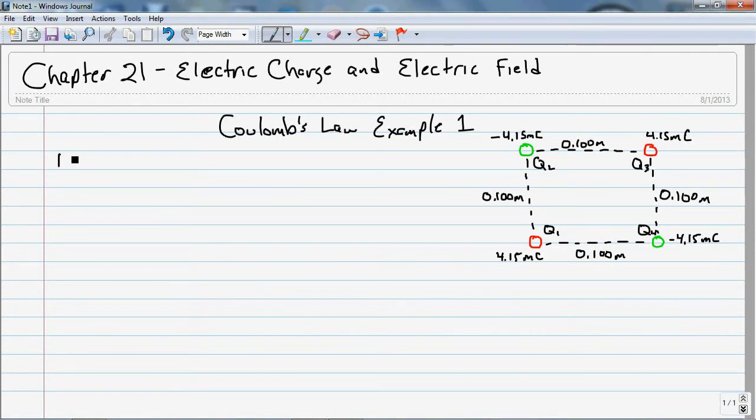The magnitude of the force on charge 1 due to charge 2 is equal to the magnitude of the force on charge 2 due to charge 1, is equal to the magnitude of the force on charge 2 due to charge 3, is equal to the magnitude of the force on charge 3 due to charge 2, and that's equal to the magnitude of the force on charge 3 due to 4, and that's equal to the magnitude of the force on charge 4 due to 3.